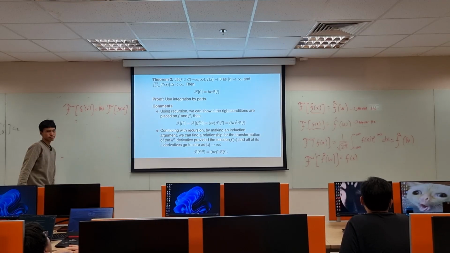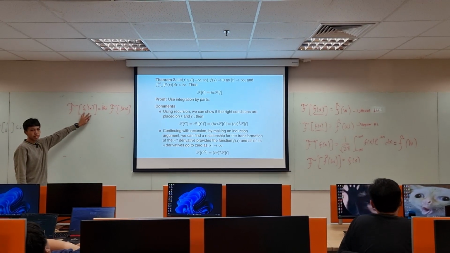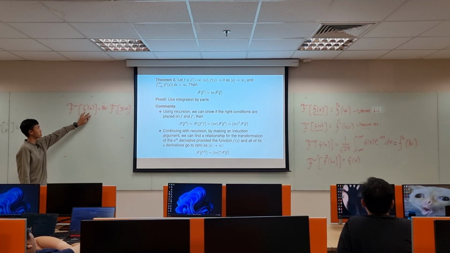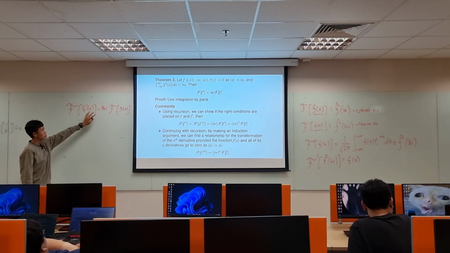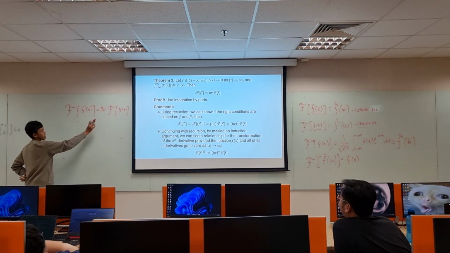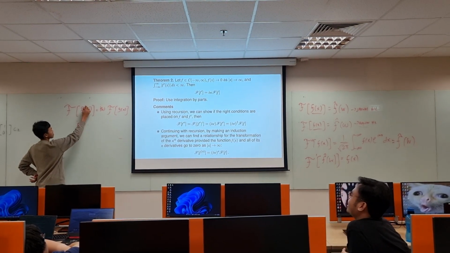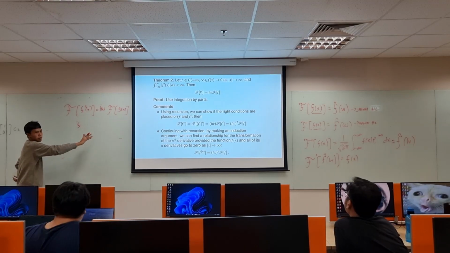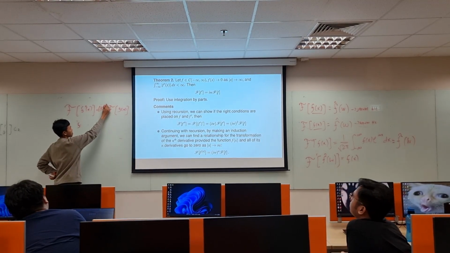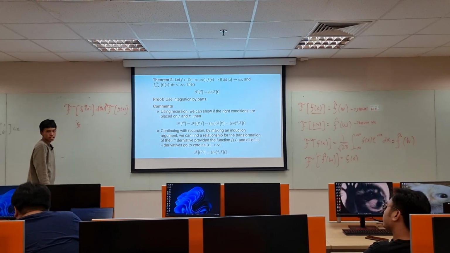So if we want to do the Fourier transform of a first-order derivative, we can do it like this: i omega. If it is a second-order derivative, we do omega to the power of 2, and for the third, omega to the power of 3.